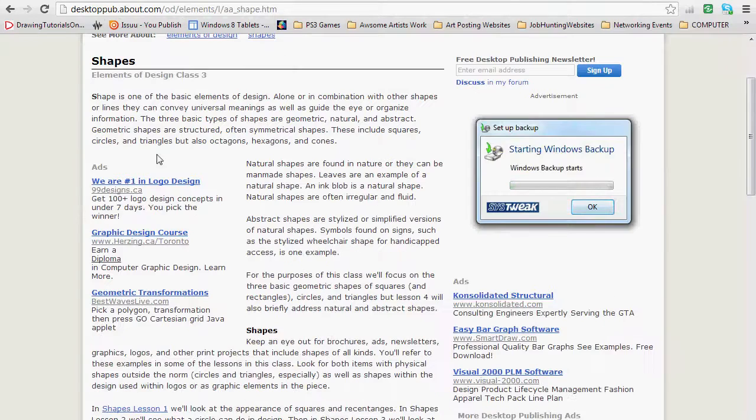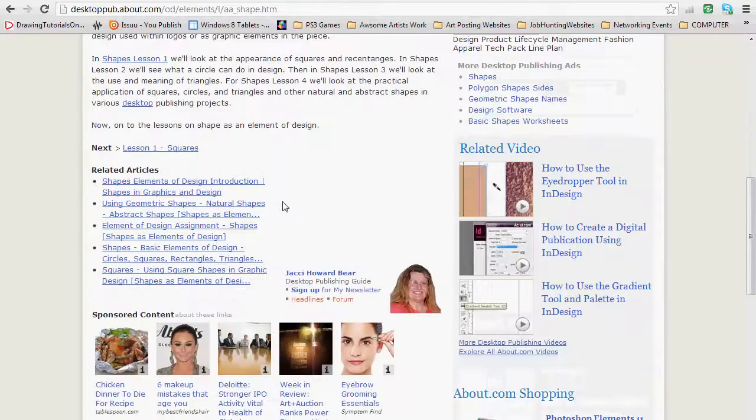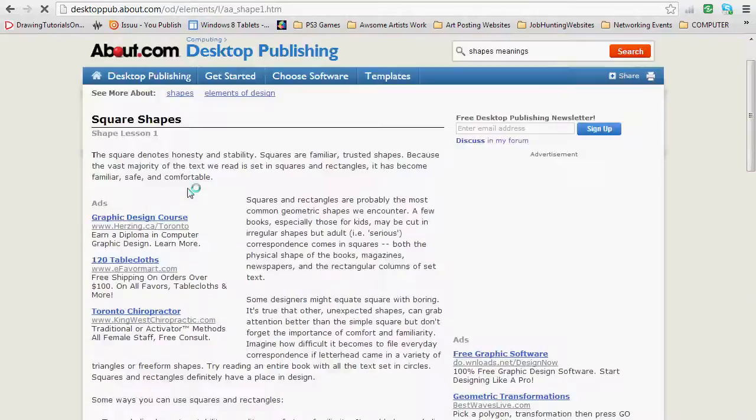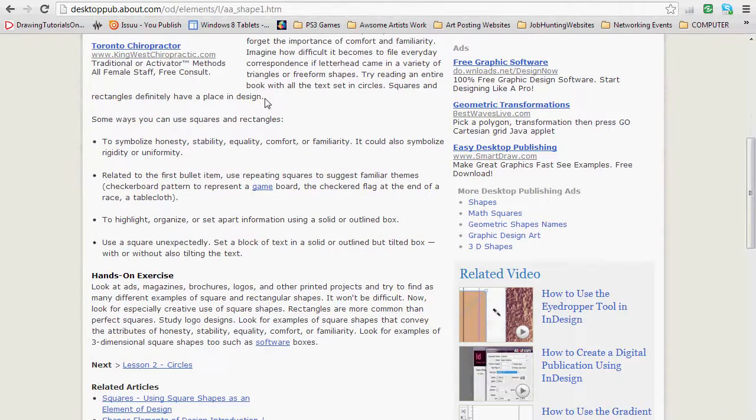Desktoppub.about.com. It's got information on shapes and their different meanings. Maybe I'll study up on this a bit and build a tutorial on what these different shapes express. It's a universal thing that doesn't just apply to composition, but can also be used to apply to many other different things.